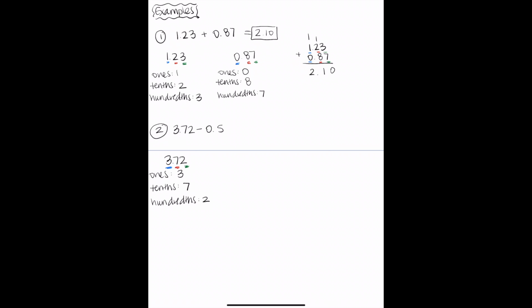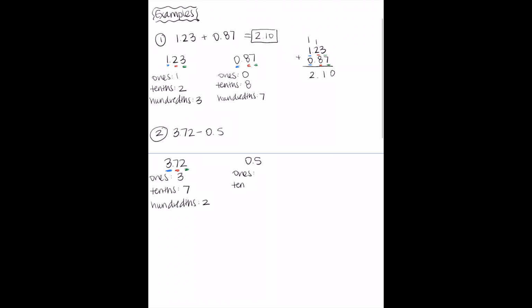Alrighty, now we'll go through and we'll do the same thing with the 0.5. We're going to see what is in the ones place, what is in the tenths place again, and what is in the hundredths place. So for this one, it's easy to see that for the ones place, it's just 0. So we'll write 0 for the ones place.